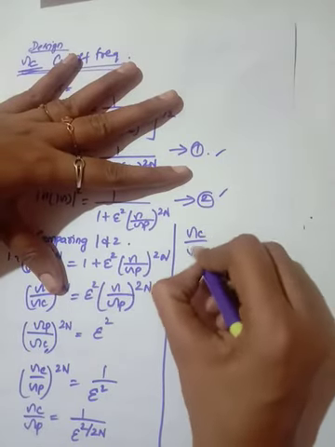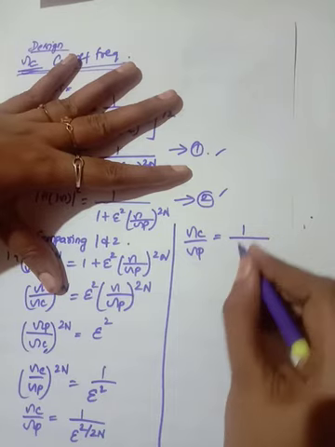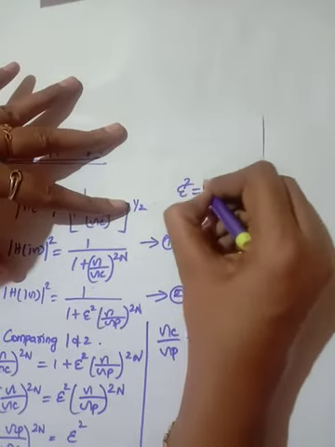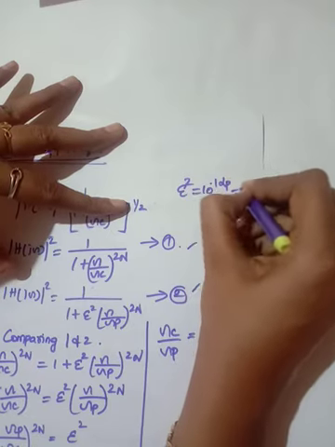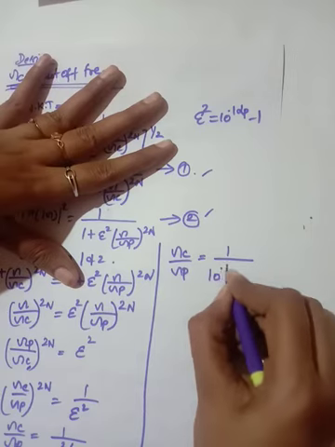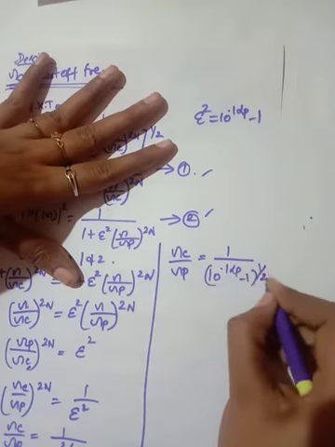So omega c by omega p is equal to 1 divided by epsilon squared, whole power 1 by 2n. We know that epsilon squared is equal to 10 power 0.1 alpha p minus 1. So I am substituting for epsilon squared: (10 power 0.1 alpha p minus 1) the whole power 1 by 2n.